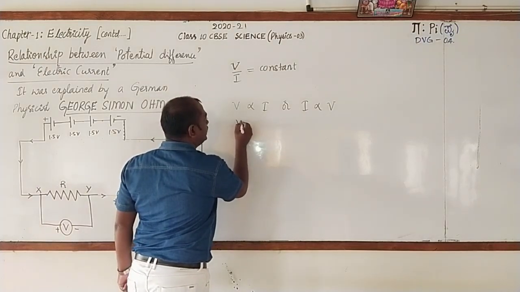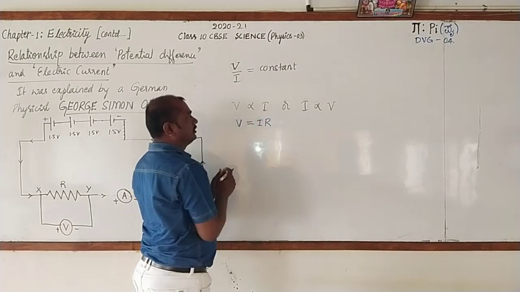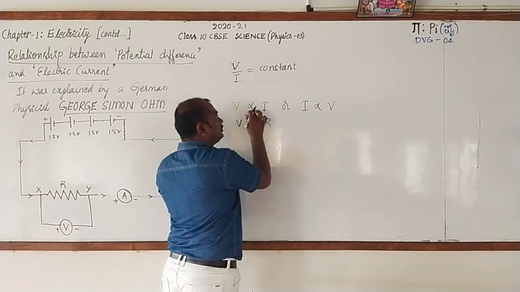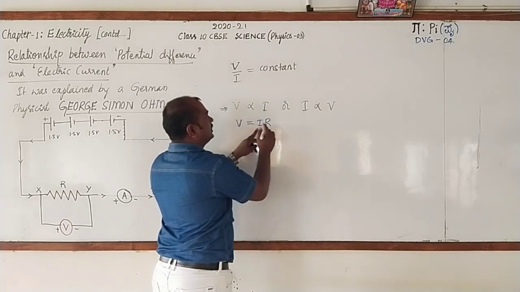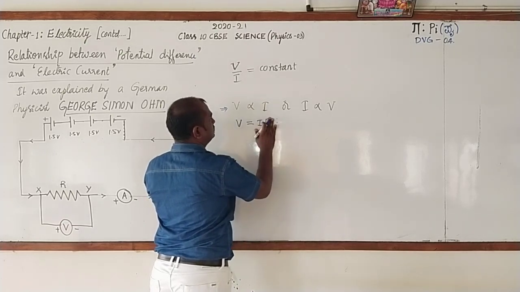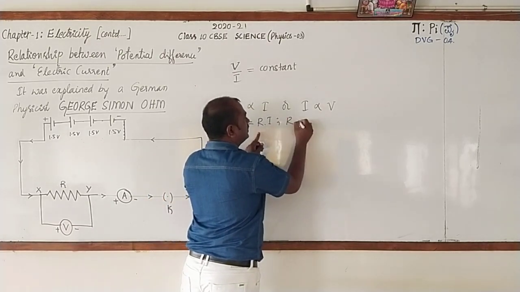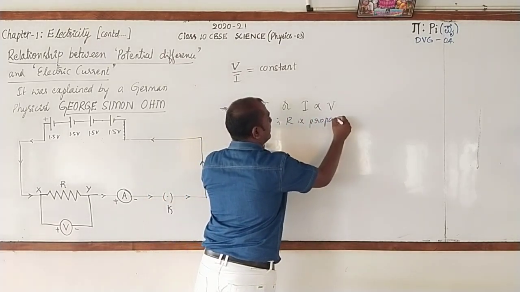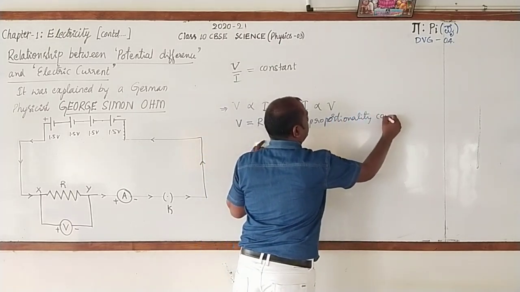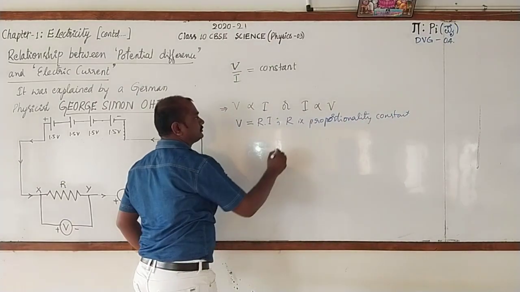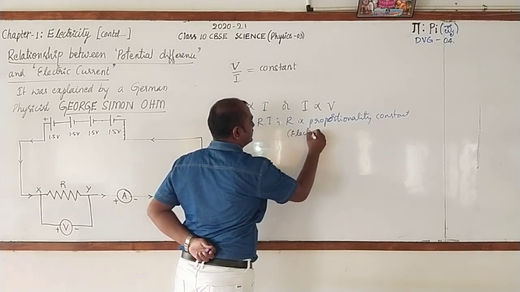Now, let us take V is directly proportional to I. Then V is equal to I into R. To remove the proportionality sign, I have assumed a proportionality constant. The proportionality constant is R, and this R is called electric resistance.